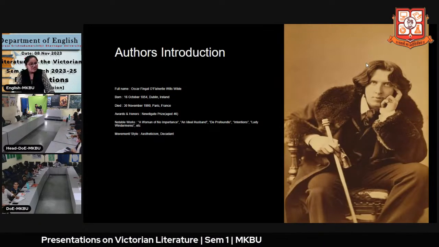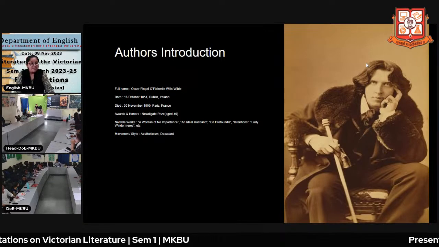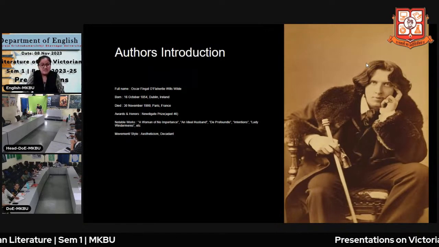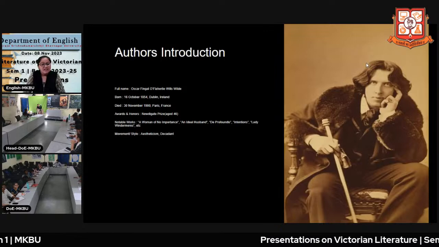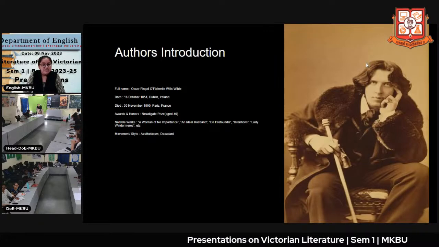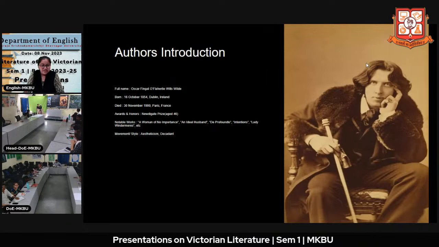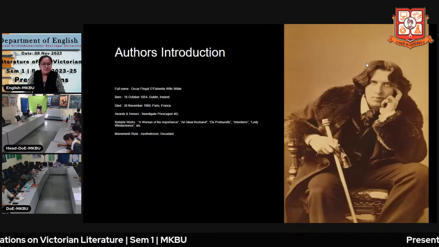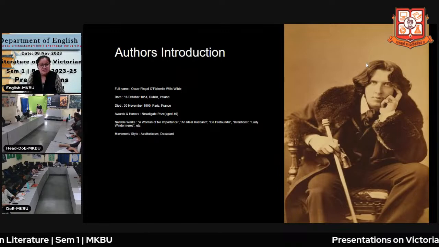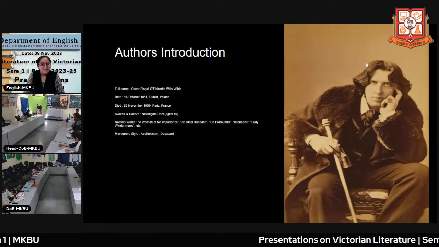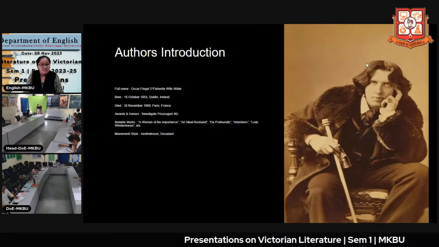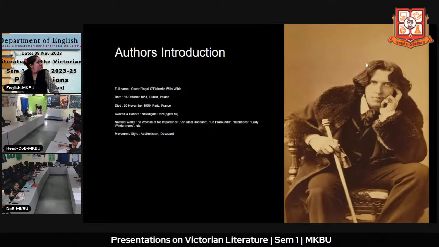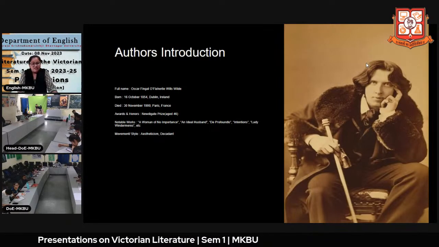He got the Newdigate Prize at the age of 46. Some notable works of his are A Woman of No Importance, An Ideal Husband, Intentions, De Profundis, Lady Windermere's Fan, etc. His movement and style consist of aestheticism and decadence.